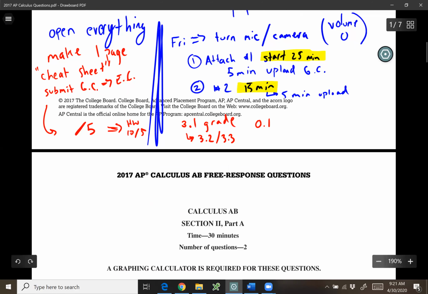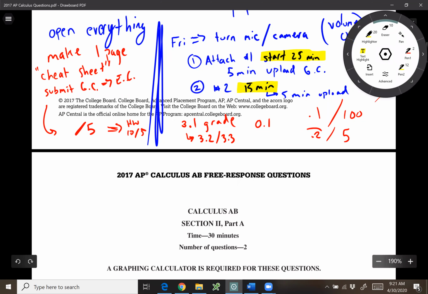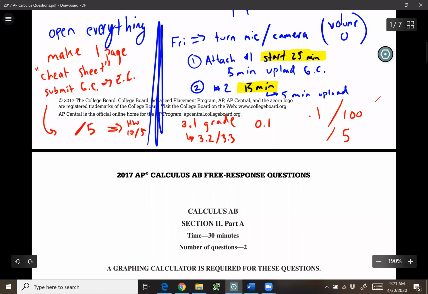When you're thinking out of 100, 0.1 is really small. When you're thinking out of 5, 0.1 is huge. You can almost think of it as 20 times as much. Relative to 100, 0.1 is nothing. Relative to 5, 0.1 is absolutely huge. So that extra credit actually helps out a lot.